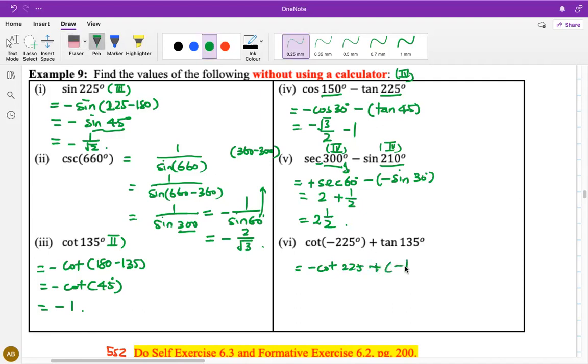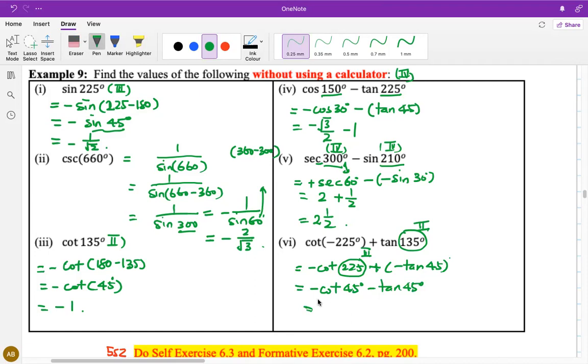Tangent 135 is negative because this is quadrant number 2, so negative tangent 45 degrees. Cotangent negative 225 is in quadrant number 3, so cotangent is positive, 45 degrees.